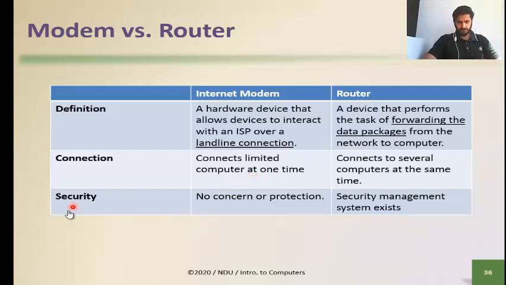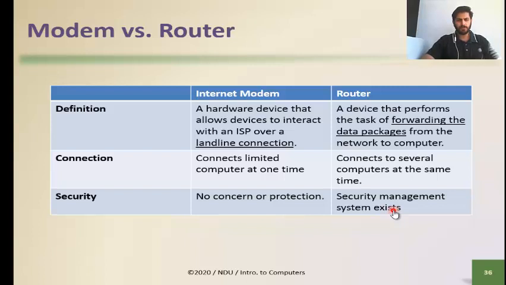And if I'm talking about the security point of view, the modems are not secure. But if I'm talking about the router, there's a security management system that exists inside the router.